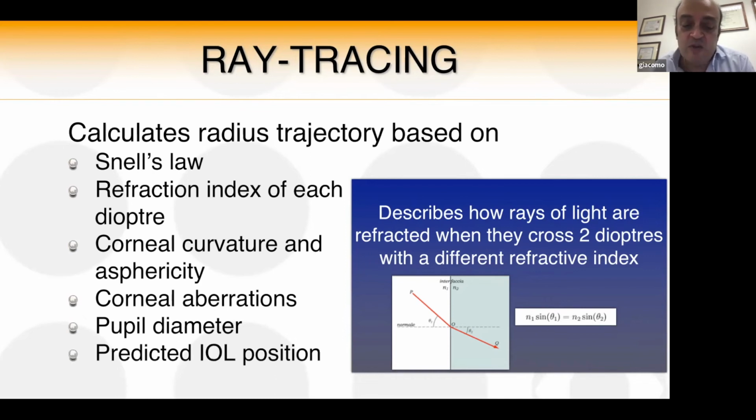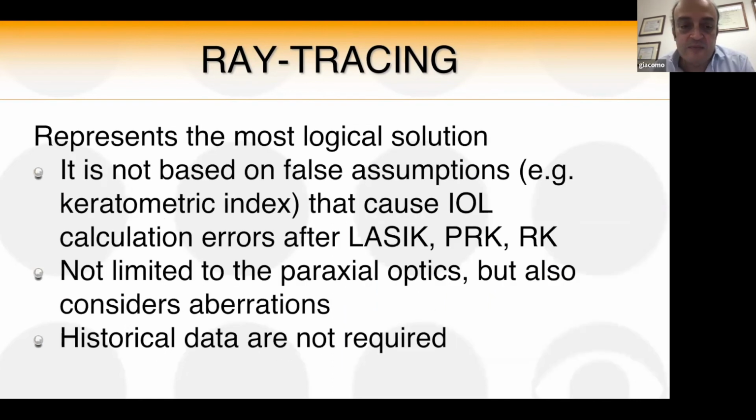Of course, you need to predict somehow the IOL position, and the CSO engineers did a good model for this. So ray tracing, in my opinion, is the most logical solution, because it's not based on any false assumption like the keratometric index. It's not limited to the paraxial optics, but considers also optical aberrations, higher order aberrations, and you don't need any historical data.